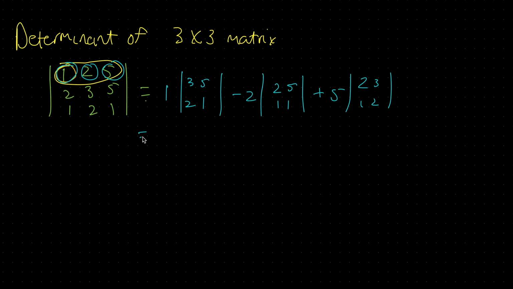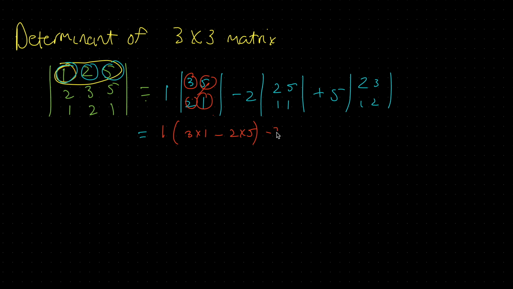And then we can go ahead and do the determinant of a 2 by 2 matrix, which we already know. So we always take the top left and multiply it by the bottom right. So it's going to be the 1, keep it in front, and then 3 times 1, and we subtract 2 times 5.